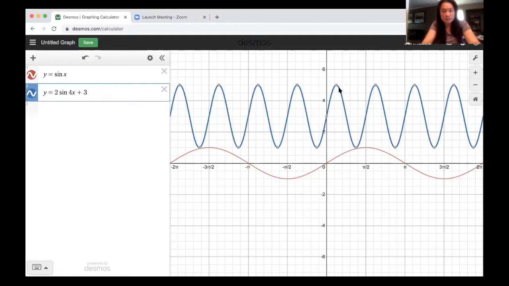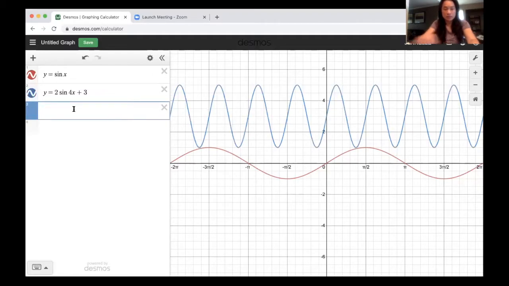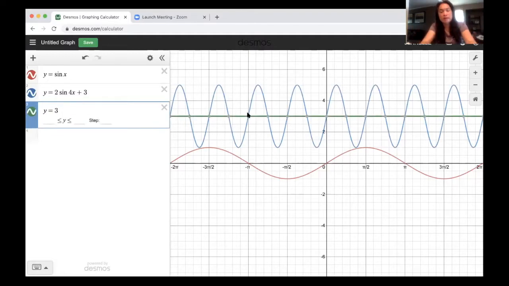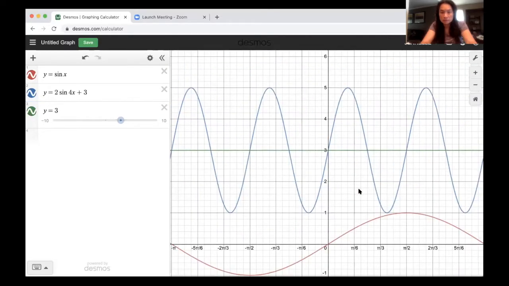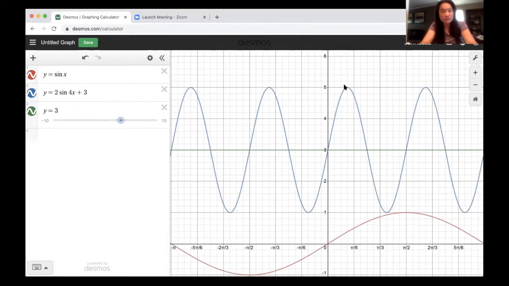So from the midline, let me put another midline in here, y equals 3, the green line. There's my midline. So from the midline to the highest point, the maximum, it's going to be 2. Let me zoom in for my numbers. 3, 4, 5, that's 2.